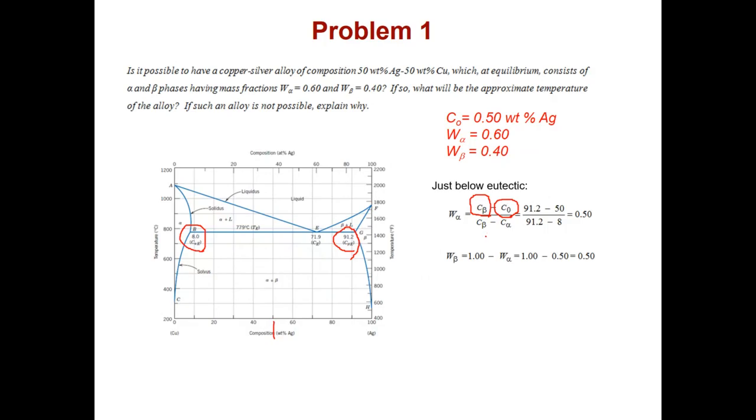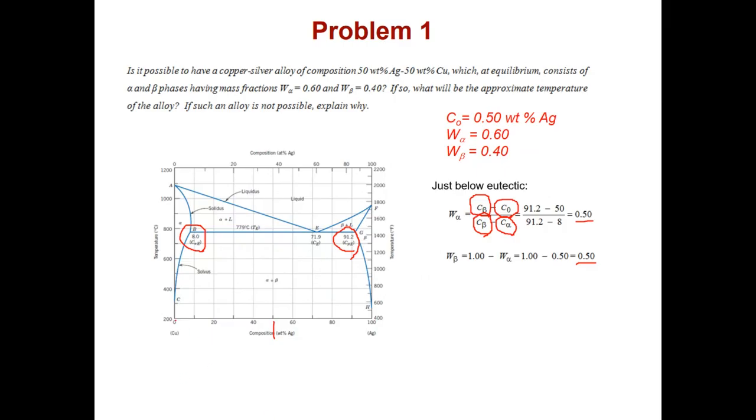We have again C beta, which is 91.2, and C of alpha, which is 8, taking all these figures from the phase diagram and substituting them. It gives us 50% of alpha just below TE, and of course what is left is the other phase, which is beta, so 50% alpha and 50% beta result just below TE.